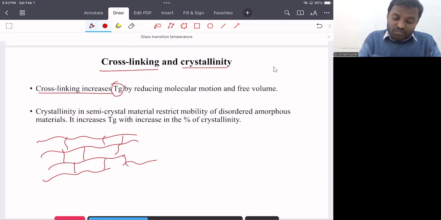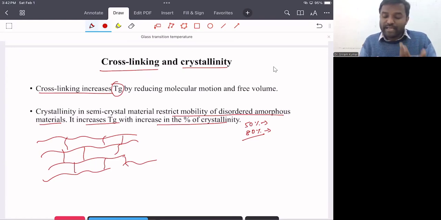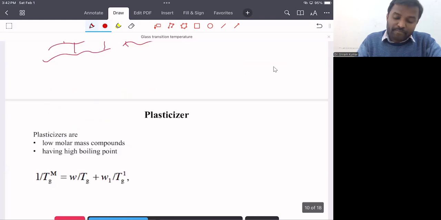Similarly for crystallinity, the mobility of these amorphous materials is restricted, so Tg increases with the percentage of crystallinity, maybe 50% or 80%. An increase in crystallinity means an increase in ordered structures, so there is no free rotation of the chain, and therefore Tg values increase. So these are the factors which can affect the glass transition temperature.